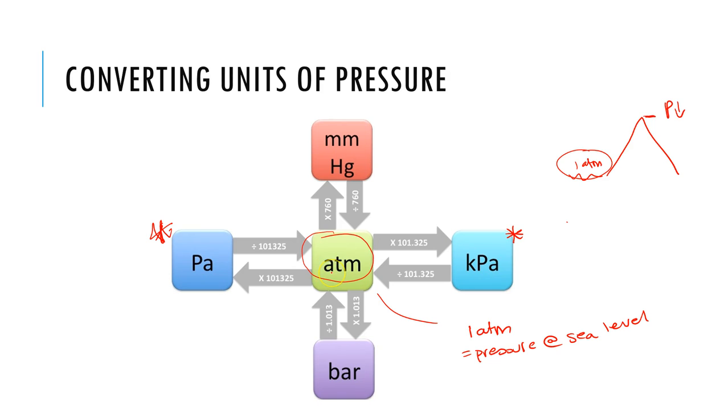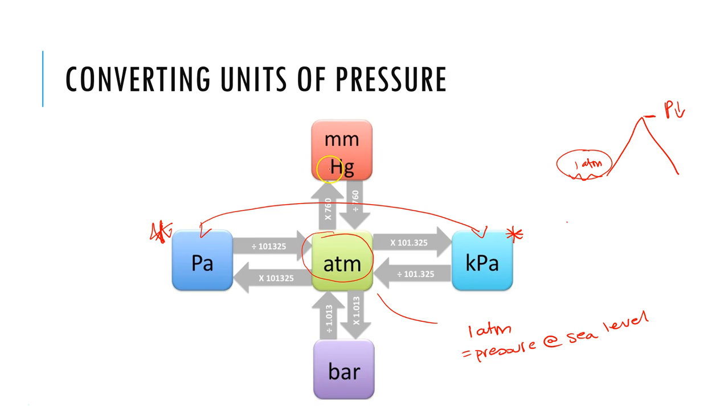To go from pascals to atmospheres, we divide by 101.325. To go from atmospheres to kilopascals, we multiply by 101.325. Primarily, though, you are going to be looking at millimeters of mercury, which is what you will often see on barometers. When we do our prac this week, we will look at a barometer in the lab, because it works on the expansion and contraction of mercury.